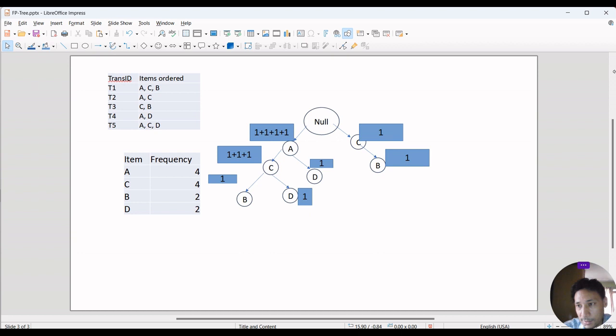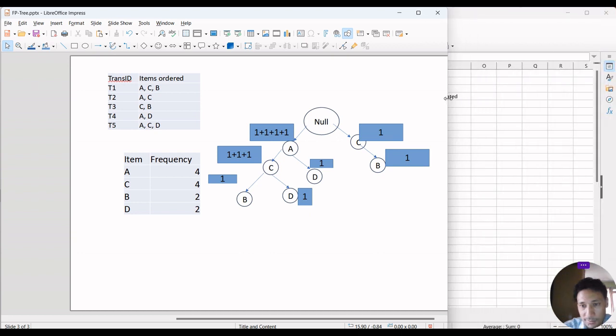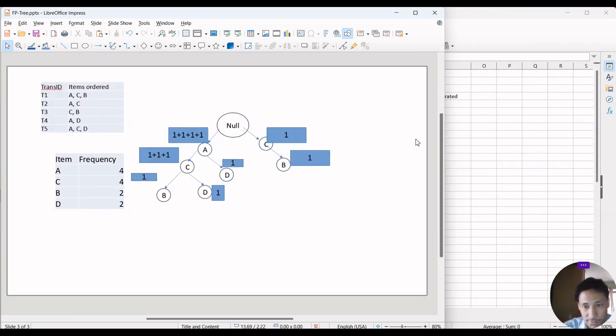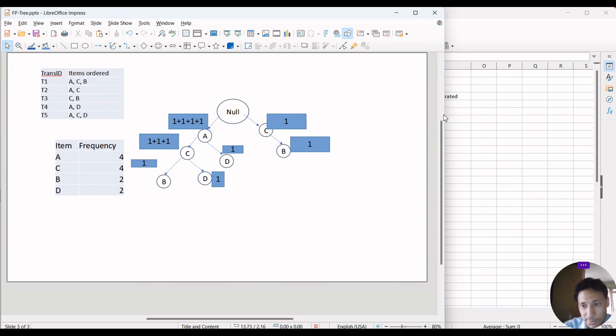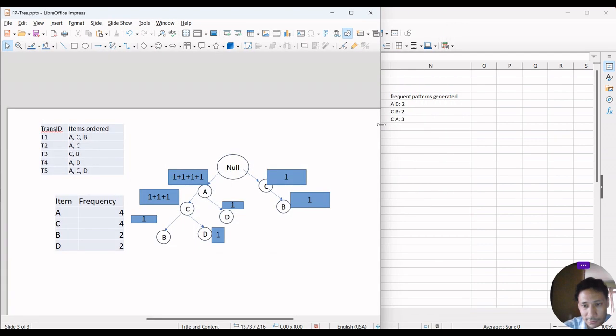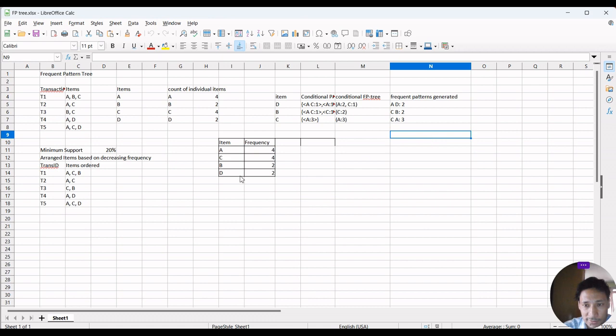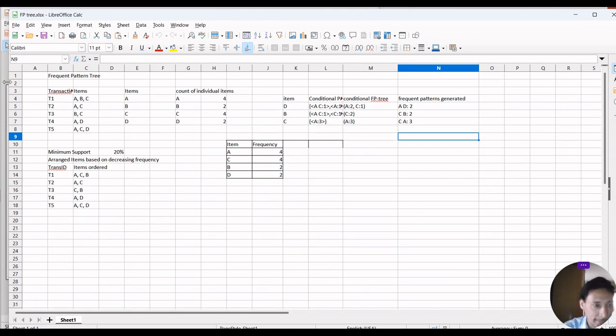Now let's see this. I have created this pattern database already in Excel, so let's decrease the size here a little bit.